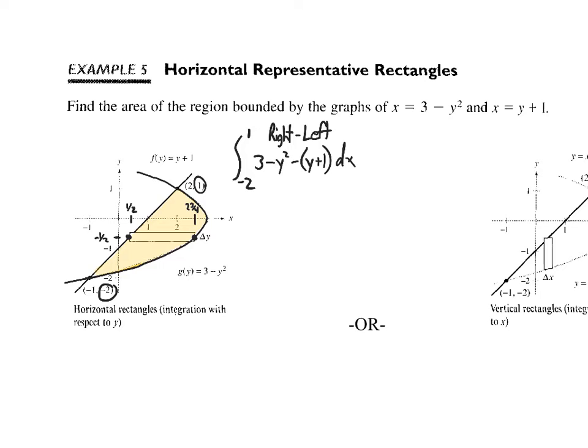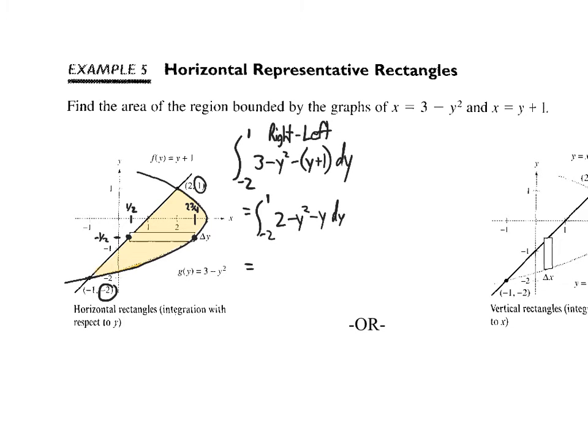Is it dx or dy? dy, yeah, sorry. So I'm integrating with respect to y. So the integral from negative 2 to 1 of 3 minus 1, which is 2, minus y squared minus y dy.